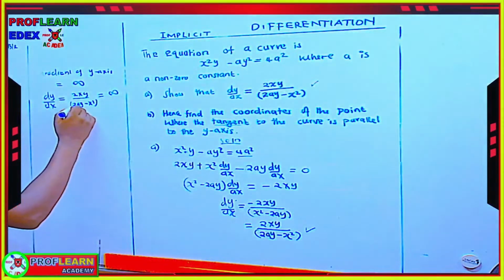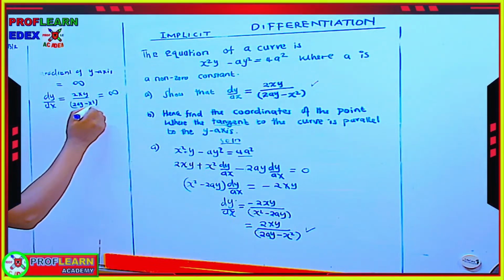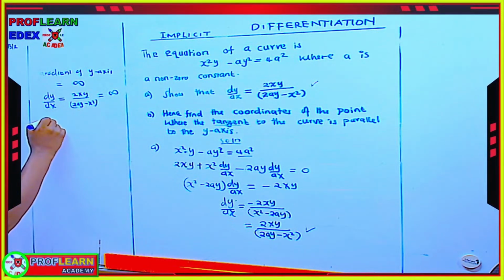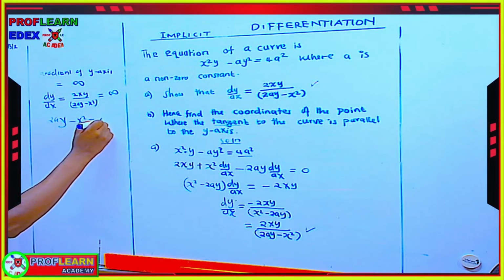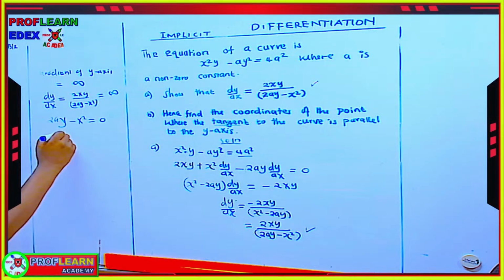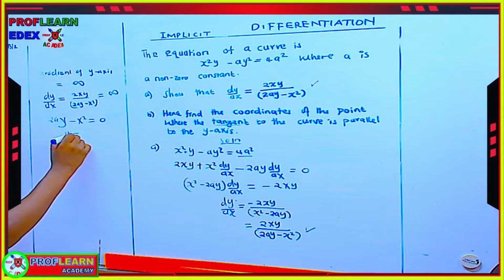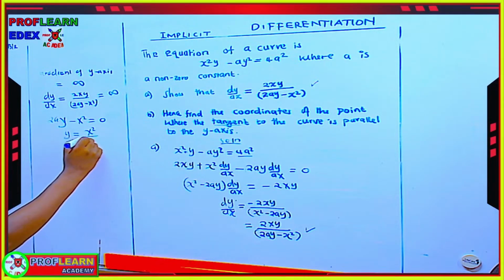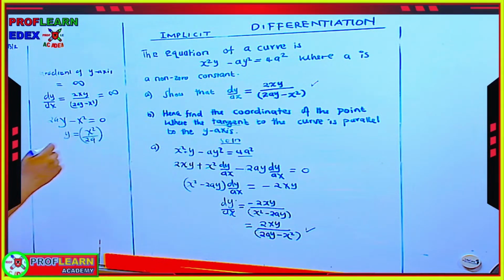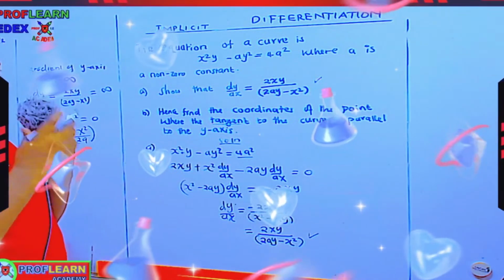So how are we going to get infinity here? It is when the denominator is 0, therefore we can say 2ay minus x squared equals 0. So this is the equation we're going to use, and we shall say therefore y is x squared over 2a.